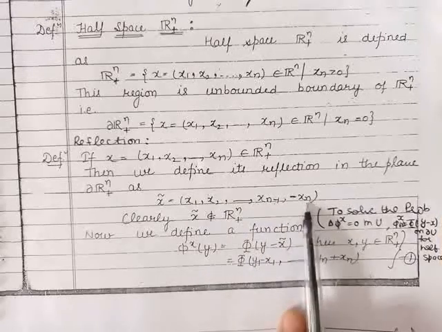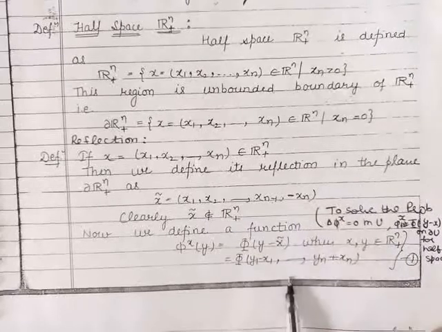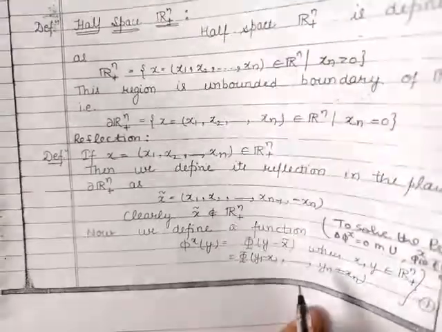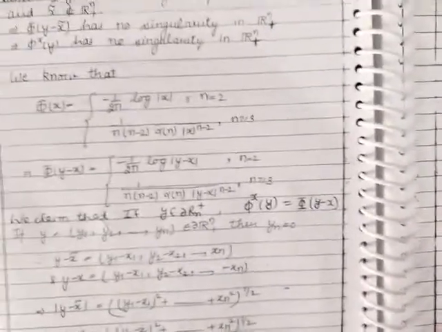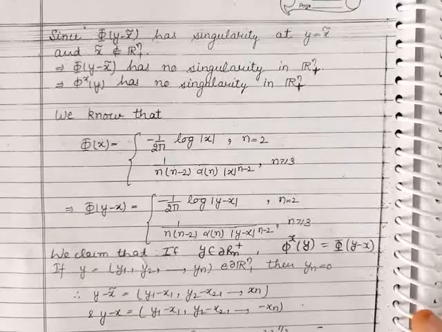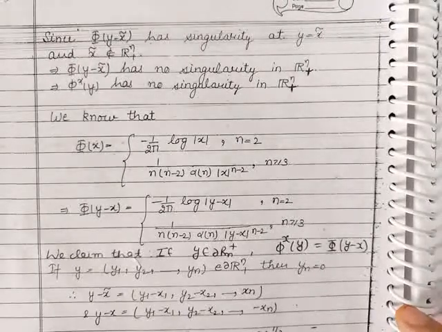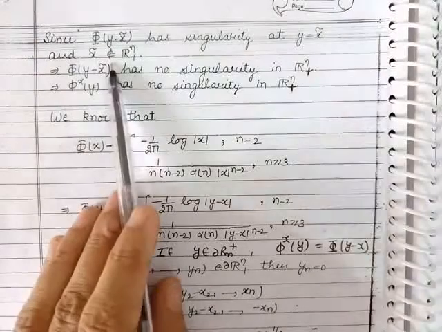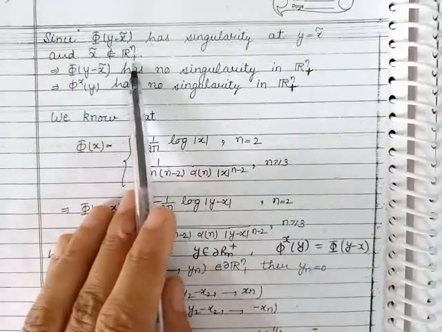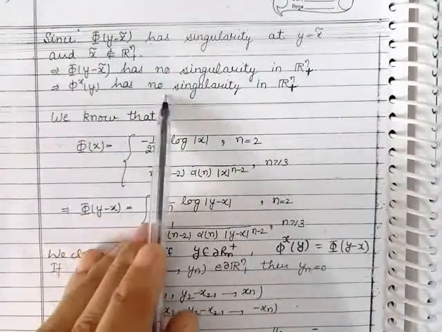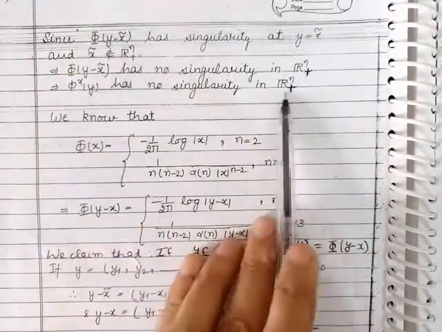Last coordinate is minus xn. Now substituting the values of y and x bar here, we have obtained this function phi^x(y). We can see that this function has singularity at x bar, but x bar does not belong to the open upper half space, and therefore we can say that the function defined by us has no singularity in open upper half space.